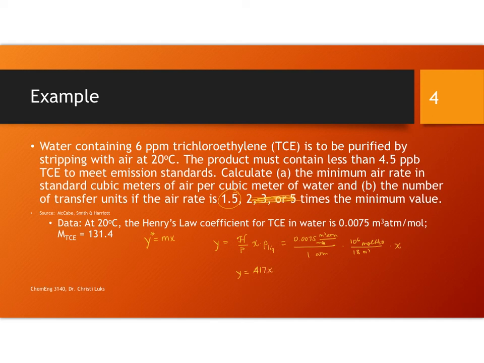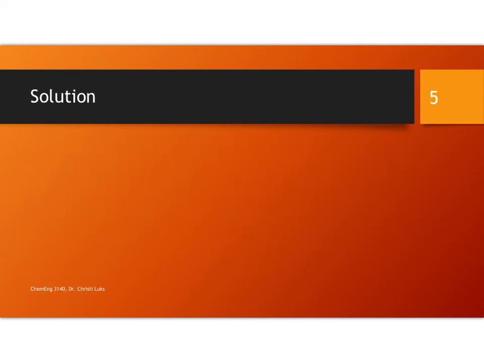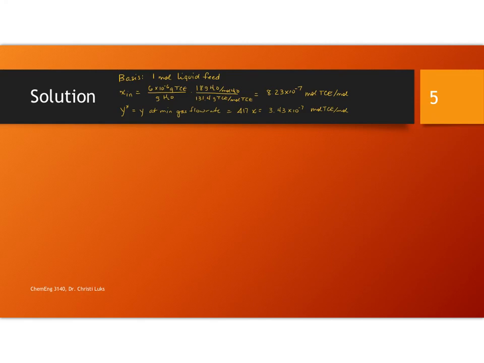So next we need to figure out exactly what my compositions are at the inlet and the outlet. If we assume a basis of 1 mole of liquid feed, it'll just make things easier. Then X coming in, based on what they said in the problem statement, was 6 times 10 to the minus 6 grams of TCE per gram of water.